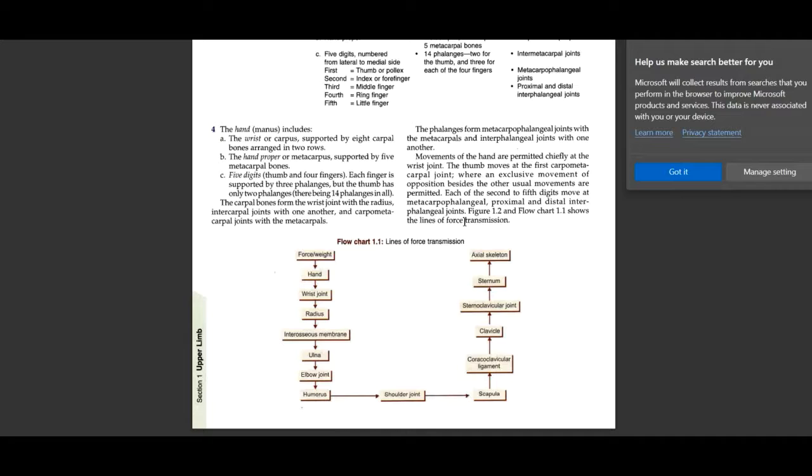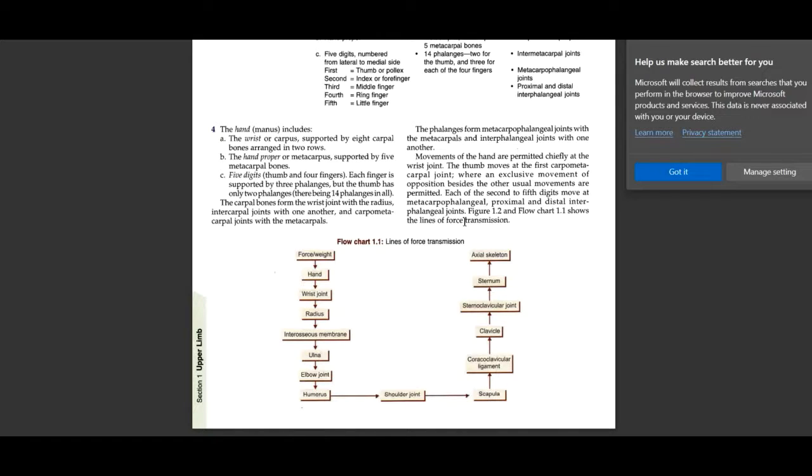The hand proper or metacarpus is supported by 5 metacarpal bones. The 5 digits are the thumb and fingers. Each finger is supported by 3 phalanges, but the thumb has only 2 phalanges, there being 14 phalanges in all.